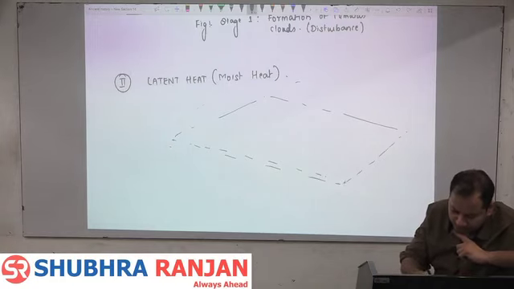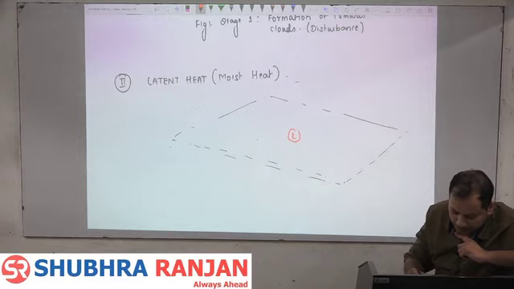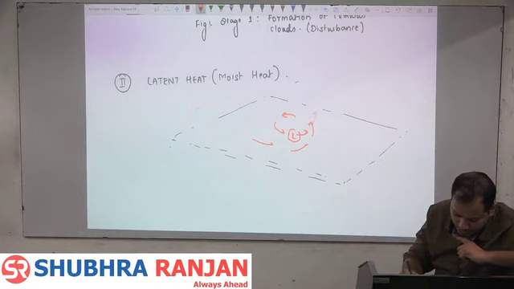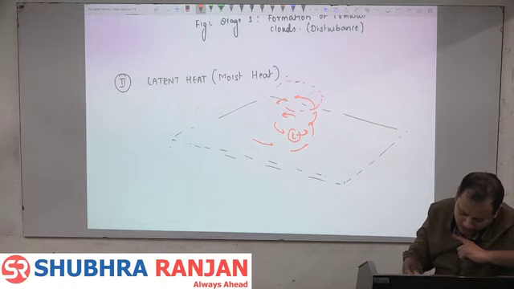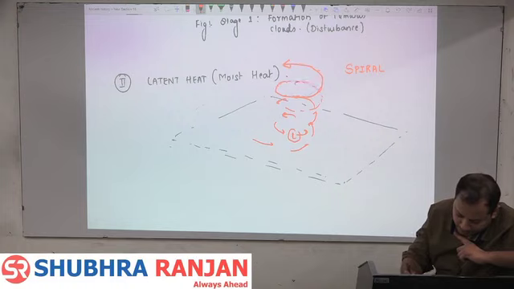This intensification of low pressure causes the winds from the surrounding region to rise upwards in a spiraling manner.